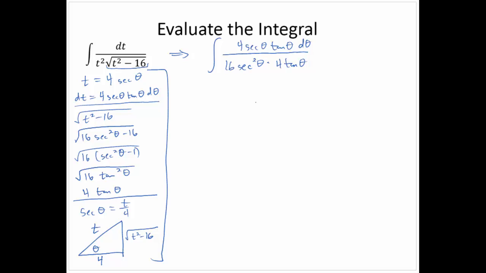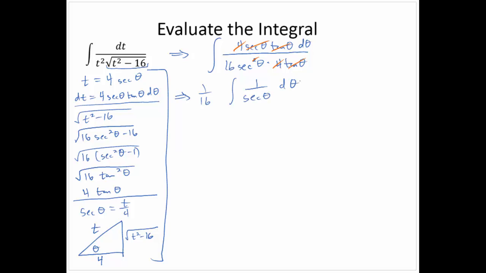So after we do all of our reduction, what can we remove? We can remove the 4s, I can remove a tangent theta, and I can remove a secant theta. So then this becomes 1/16 integral of 1 over secant theta d theta.